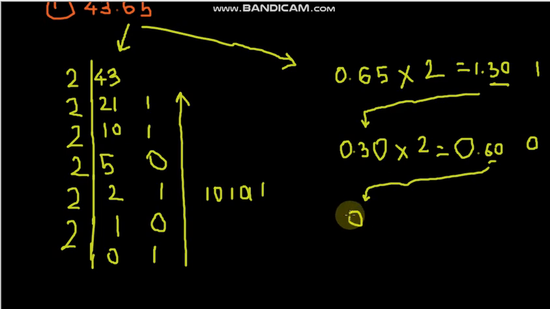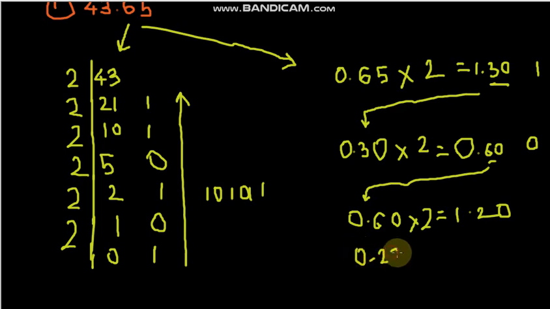Then 0.60 into 2, we get 1.20. Now this 0.20 again goes here, and this 1 on the right hand side.